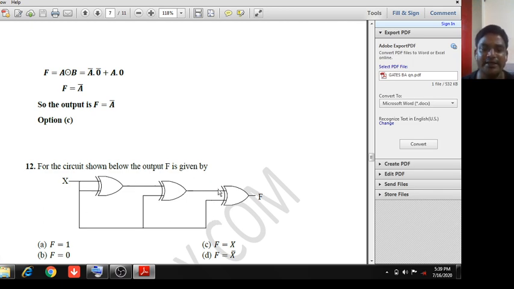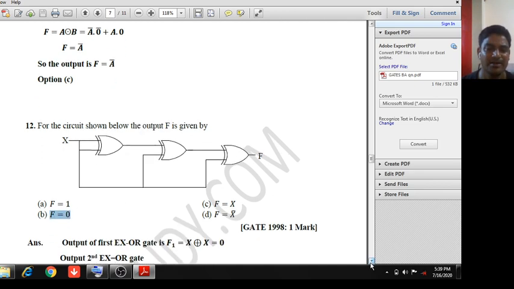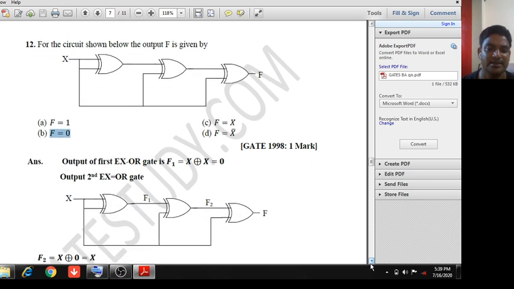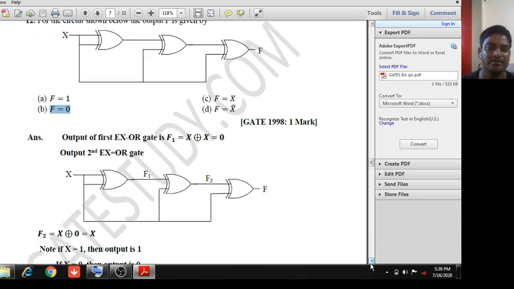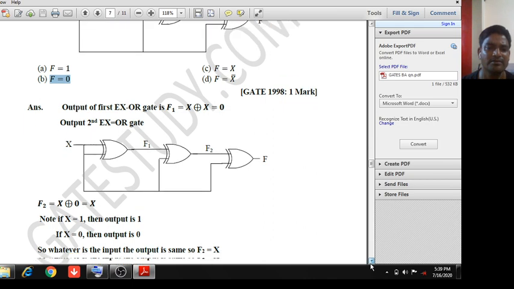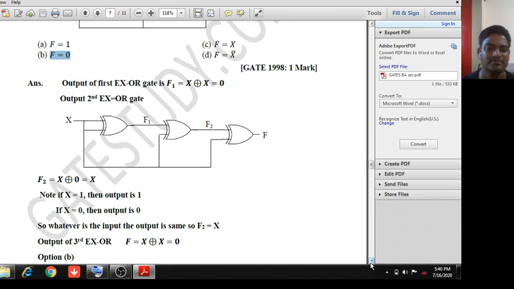If both input are same, again F equal to 0. So F will be 0. This is your correct answer. Okay, next, explain how it comes. Input XOR gate. 0, X equals X, then 0.